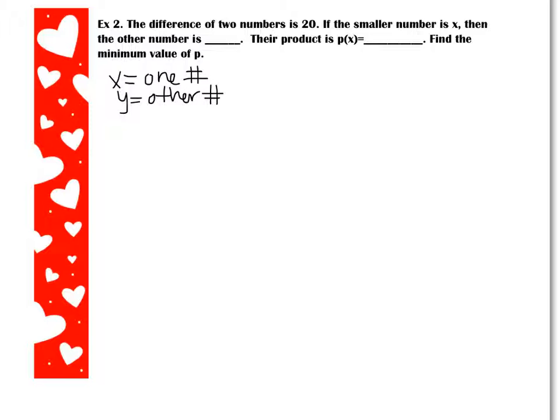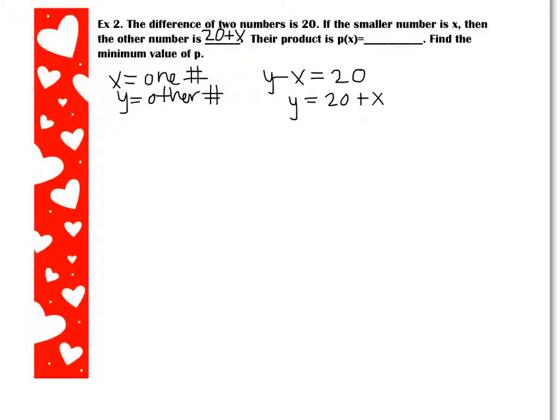This time, the difference of those two numbers is, what does it say? The difference of the two numbers is 20. So if I take the difference of the two numbers, I'll get 20. So let's write an equation for the other number, which is y. We can add x to both sides of this equation and get 20 plus x.